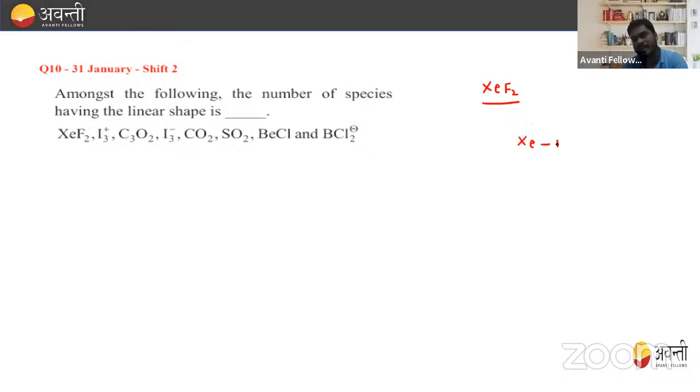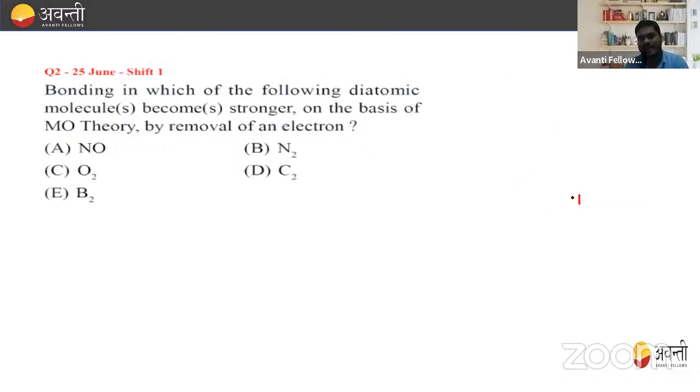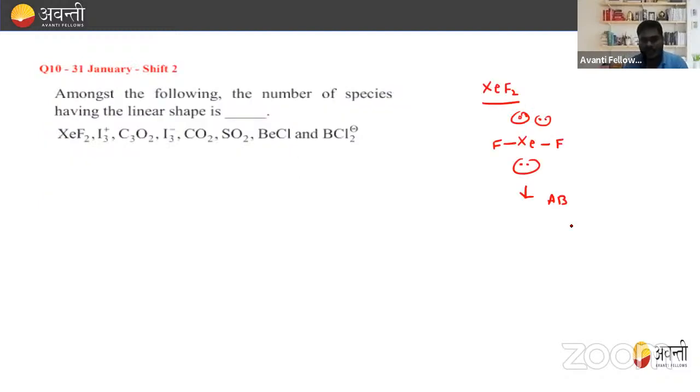Yes. Xe in XeF2 has 8 electrons, with 2 bond pairs. It means 3 lone pairs are present. And we know that this lies in the case of AB2L3. And we know that for AB5, what we draw is 1 lone pair, 2 lone pairs, and 3 lone pairs.